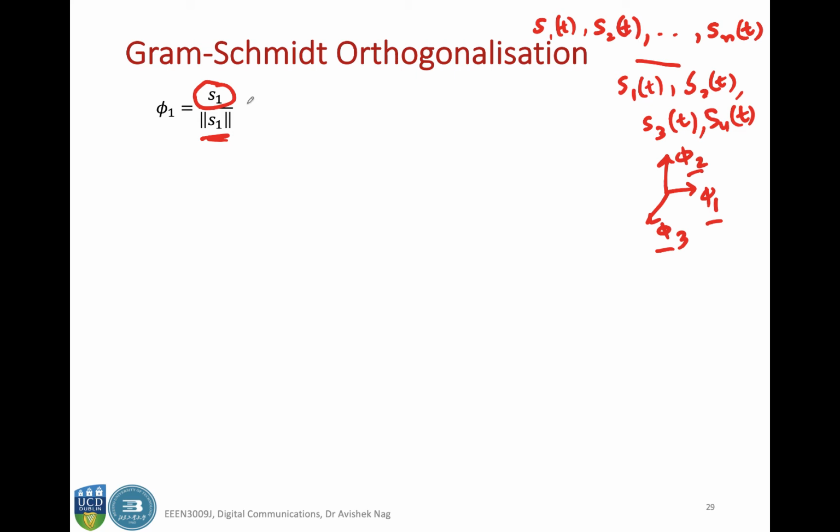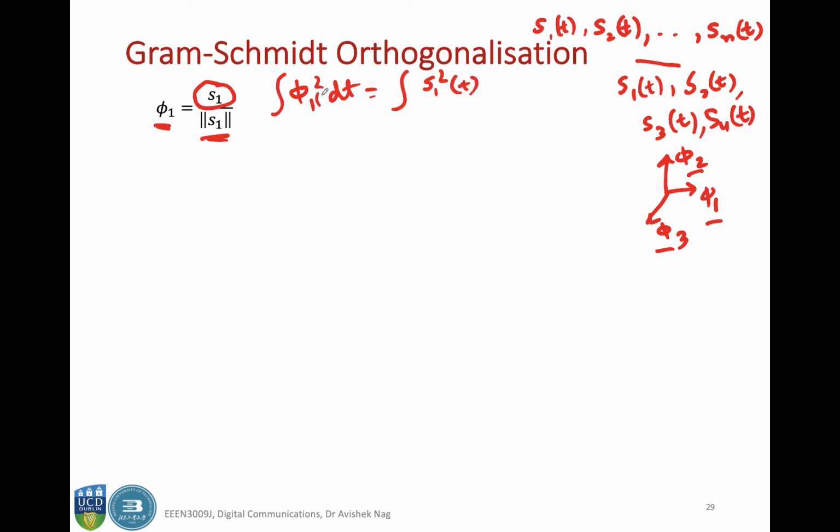You define your phi1, which is a unit basis vector along the direction of your signal S1. So you are initializing phi1 to be S1 normalized to unit energy. In this case, if you take phi1 squared and integrate it, you will get S1 squared.